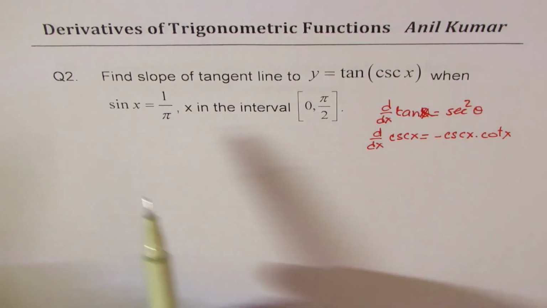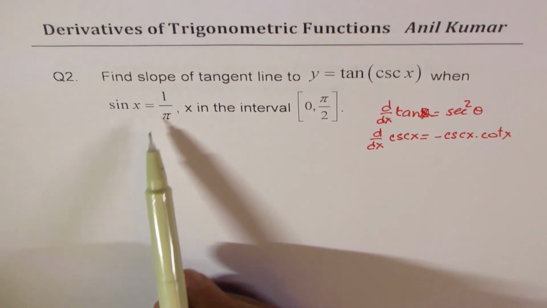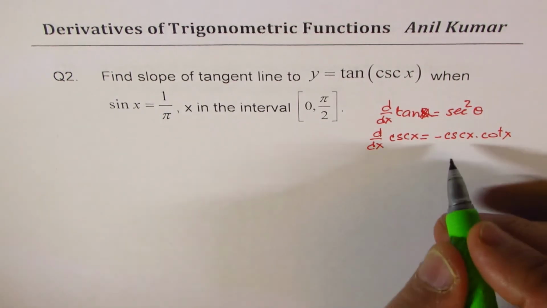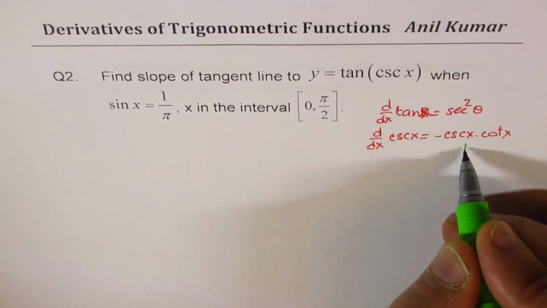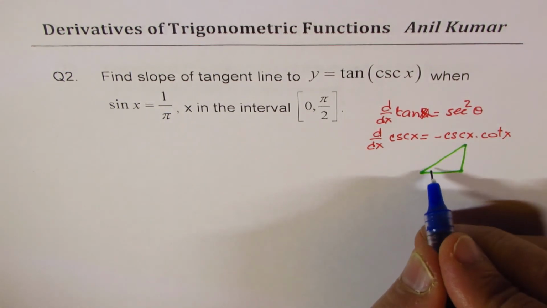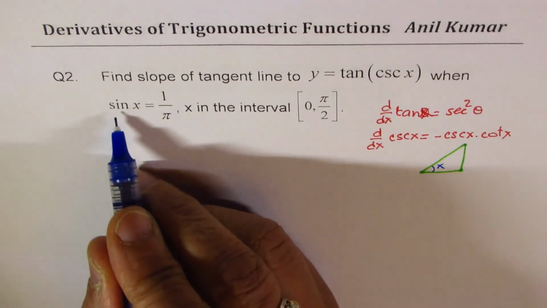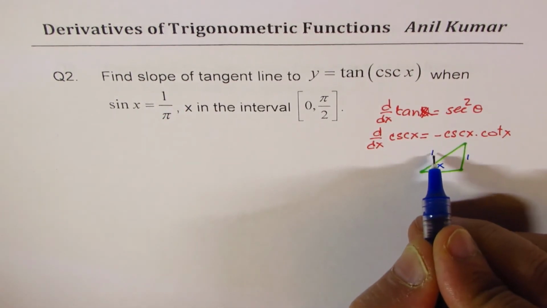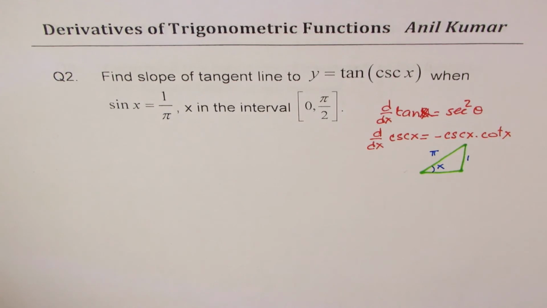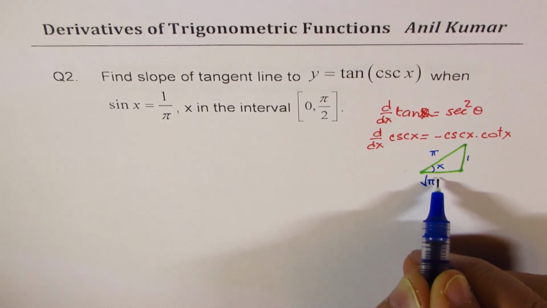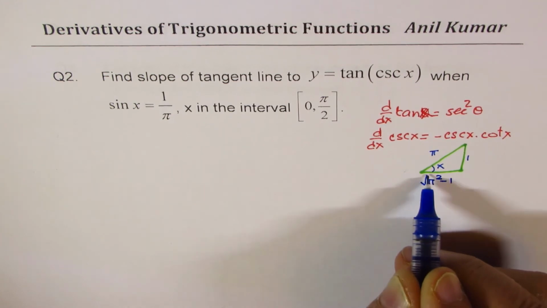Now here, one more important thing is sin x is equal to 1 over pi. What does that mean and how can that help us? Basically, we are looking at a triangle where if this is the angle x, sin x is 1 over pi. That means opposite over hypotenuse is this value, correct? So the adjacent side will be square root of pi square minus 1 square.